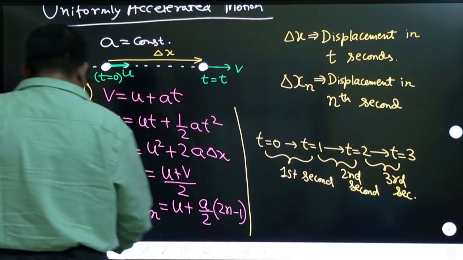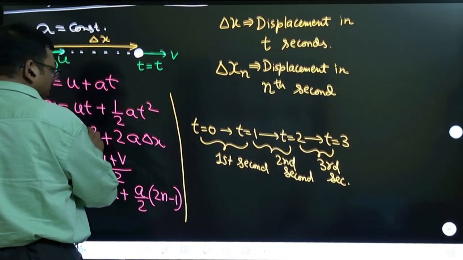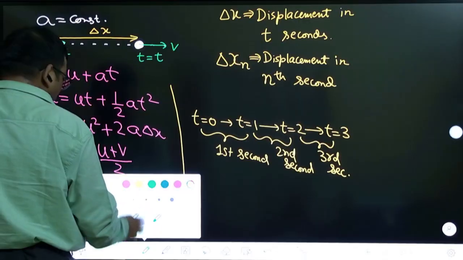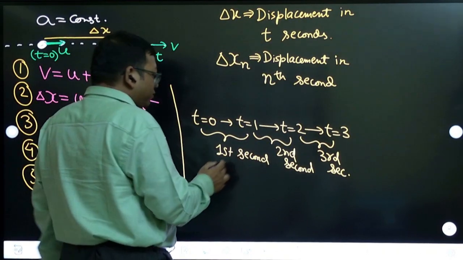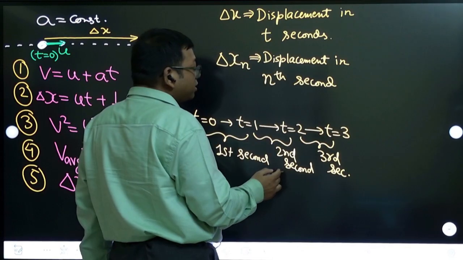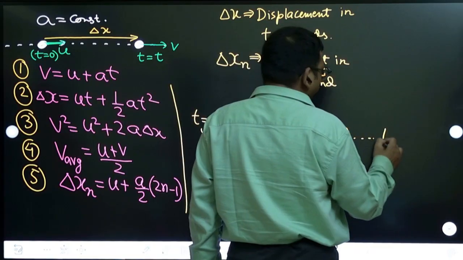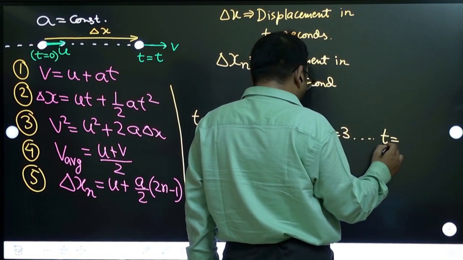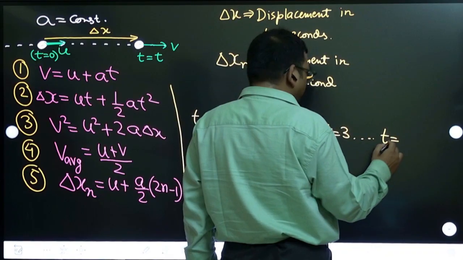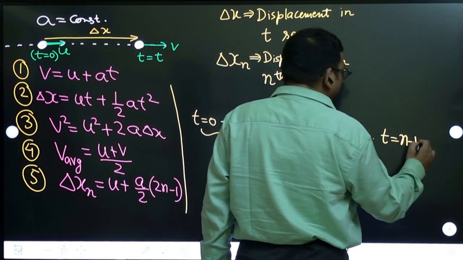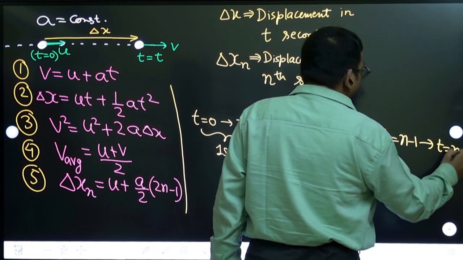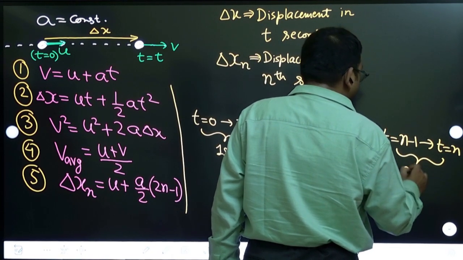Okay, so in general, if I take nth second, what will be nth second? 0 to 1 is first second, 1 to 2 is second, 2 to 3 is third second. So in the same manner, if I take time n minus 1 to time n, this will be called nth second.